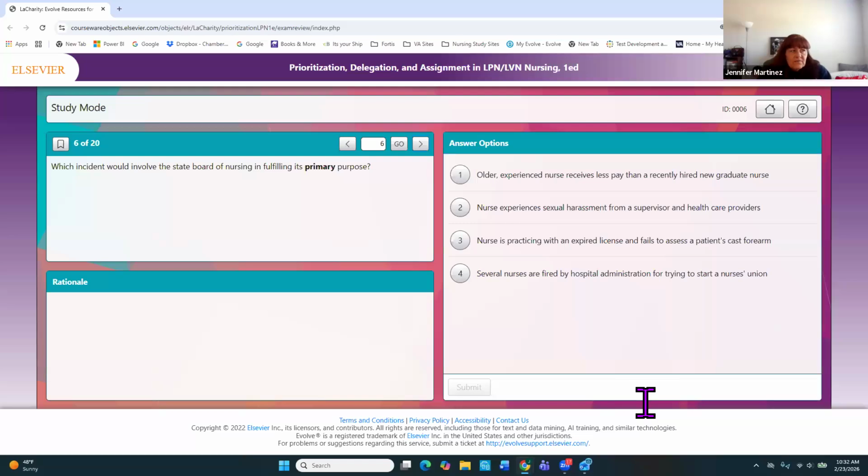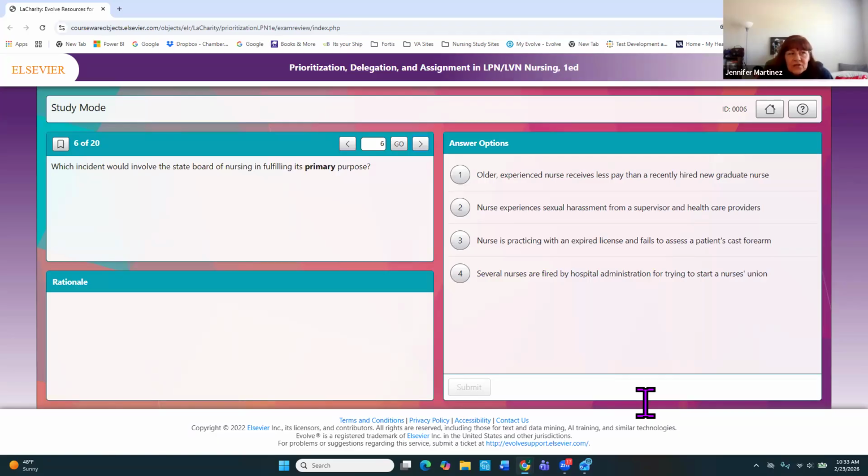All right. Which incident would involve the State Board of Nursing in fulfilling its primary purpose? Ooh, here's a good one. Number 1, an older experienced nurse receives less pay than a recently hired new graduate nurse. Number 2, a nurse experiences sexual harassment from a supervisor and healthcare providers.